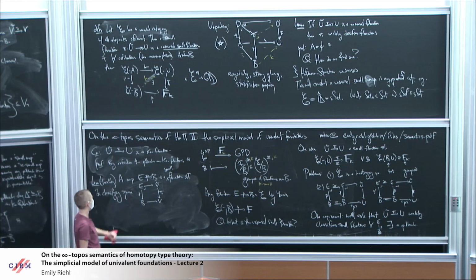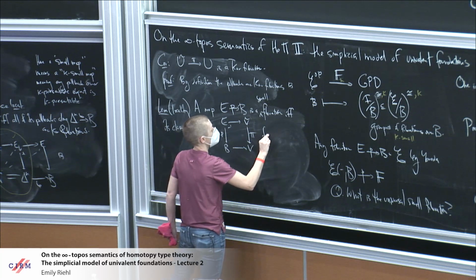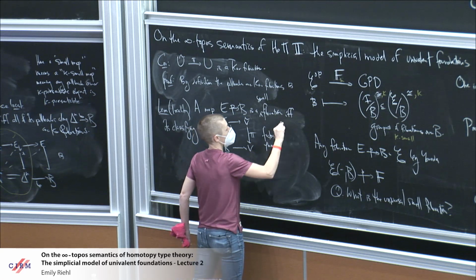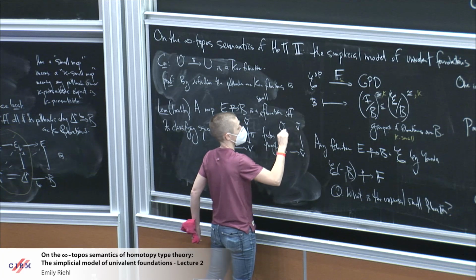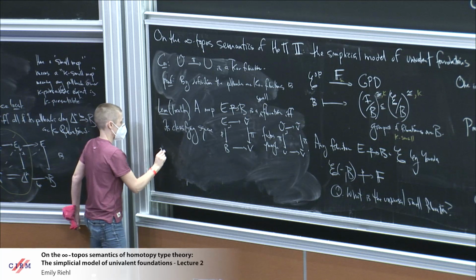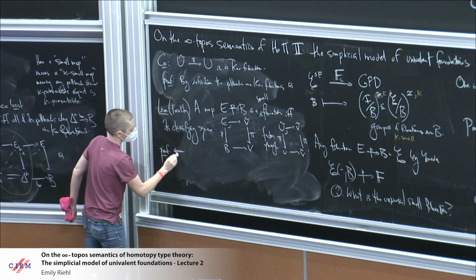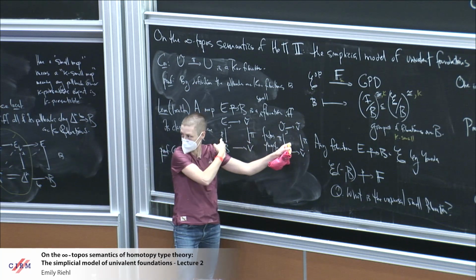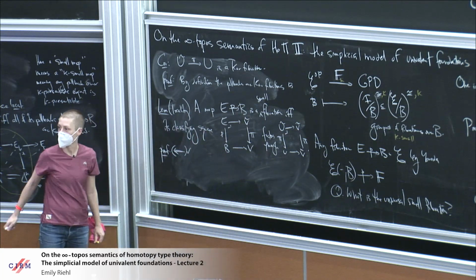The statement is this small map is a cofibration if and only if this classifying square factors through the classifying square that defined the universal cofibration from the Hofmann-Streicher universe. So factors through this. Okay, so what's the proof? So one direction is very clear. If I have a factorization through this, since I've proven this is a cofibration, its pullback will be a cofibration. So what's interesting is the other direction.